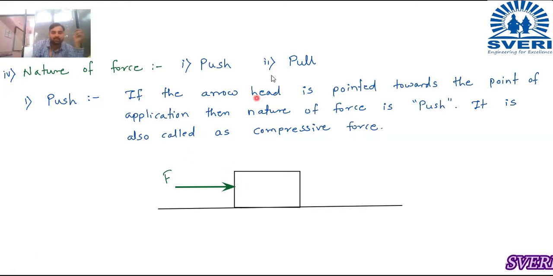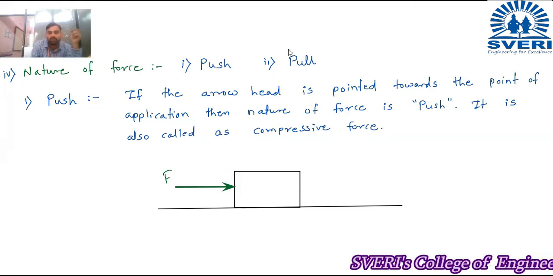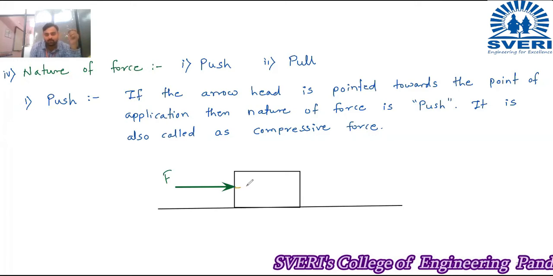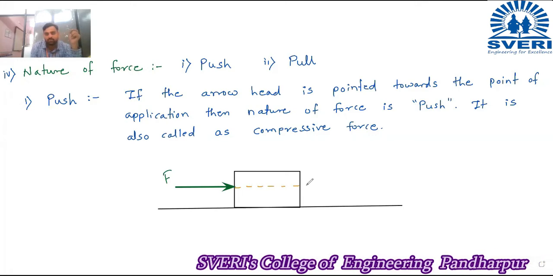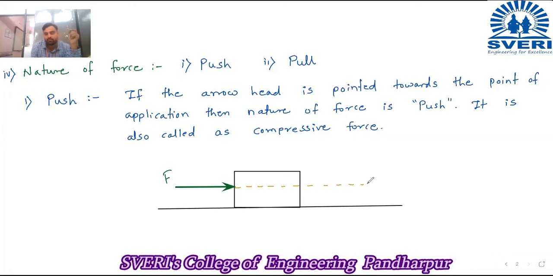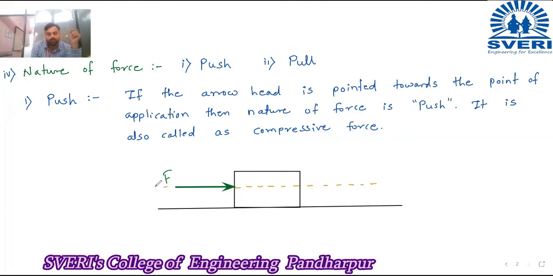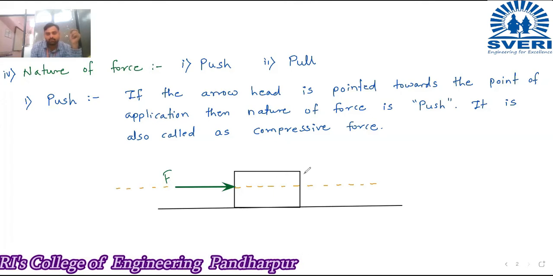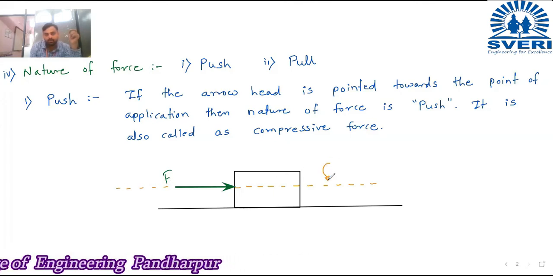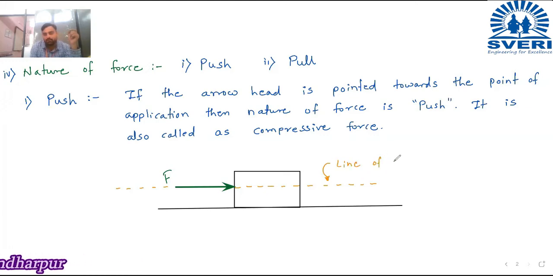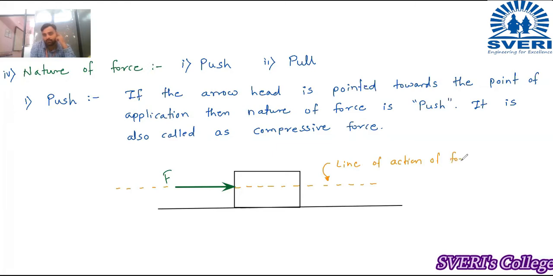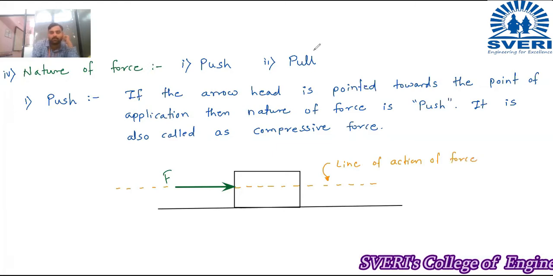So here you can see, if I draw again, this may be our line of action of force. This is very important, line of action of force. I will write over here, the line of action of force, or this is also called line of action only.